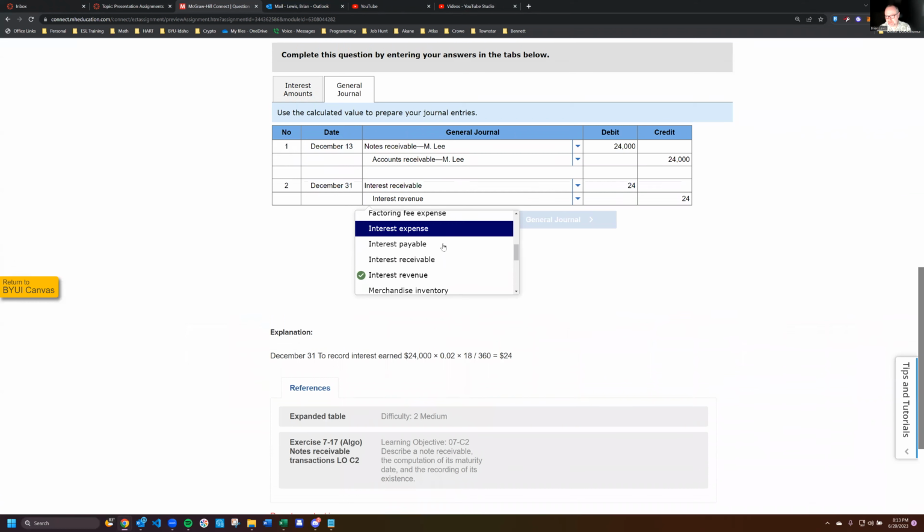And do they have interest income in here? No, they just have interest receivable. So it'd be obvious, excuse me, interest revenue. If they had income in here, then you would choose that one, but they showed interest revenue. Because usually interest is shown at the bottom line and revenue is associated usually with the top line of an income statement, not at the bottom. But so be it.